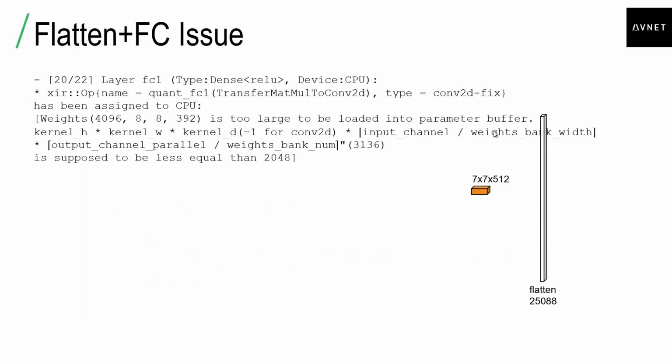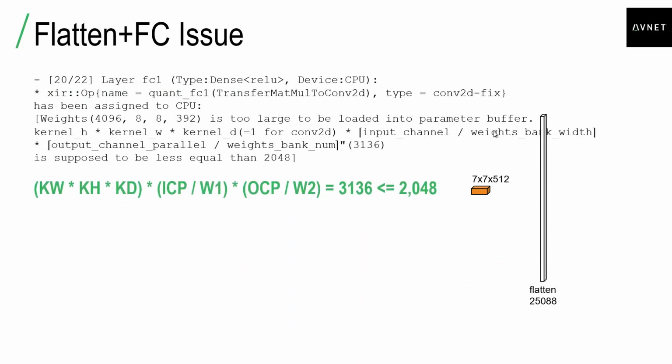And if we bring back that very long message with the very complex formula that I'll repeat here just for convenience, we have our kernel width and height times depth multiplied by our input channel parallelism divided by the weight bank width times the output channel parallelism divided by the weight bank number. And this formula resolves to 3136, which is larger than the maximum allowable of 2048.